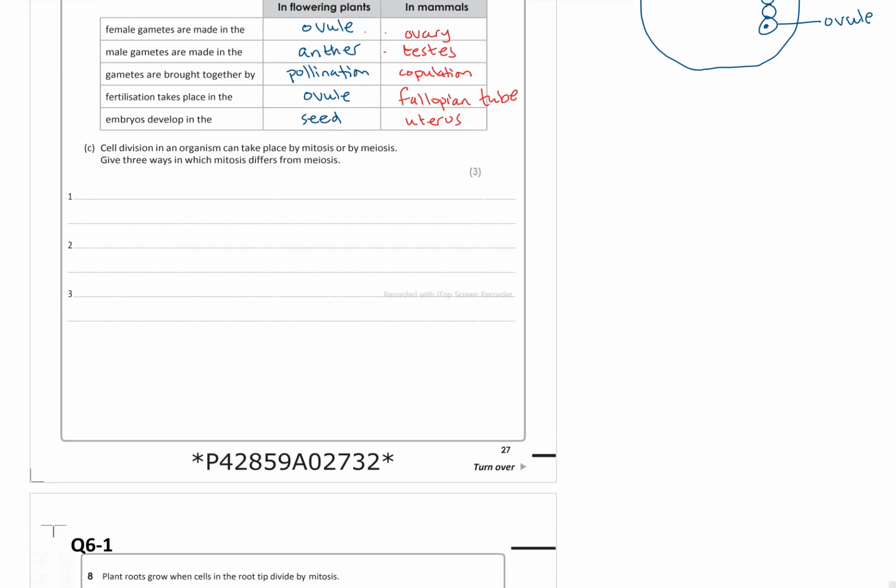Right, we've got cell division in an organism can take place by mito and meio. Mito is body cells, and these are gametes or sex cells. Right, how does mito differ from meio?